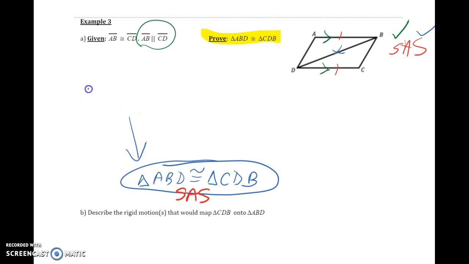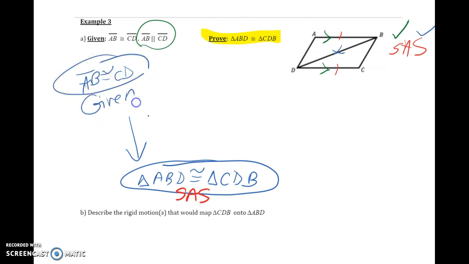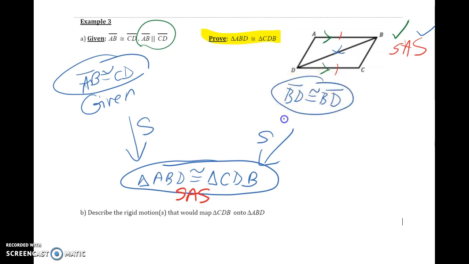So from the given, I have AB congruent to CD. That was given. That gave me a side. I'm going to get another side from BD being congruent to itself and being part of both triangles. And that's from the reflexive property. And so what I'm missing is the angle piece here, right?